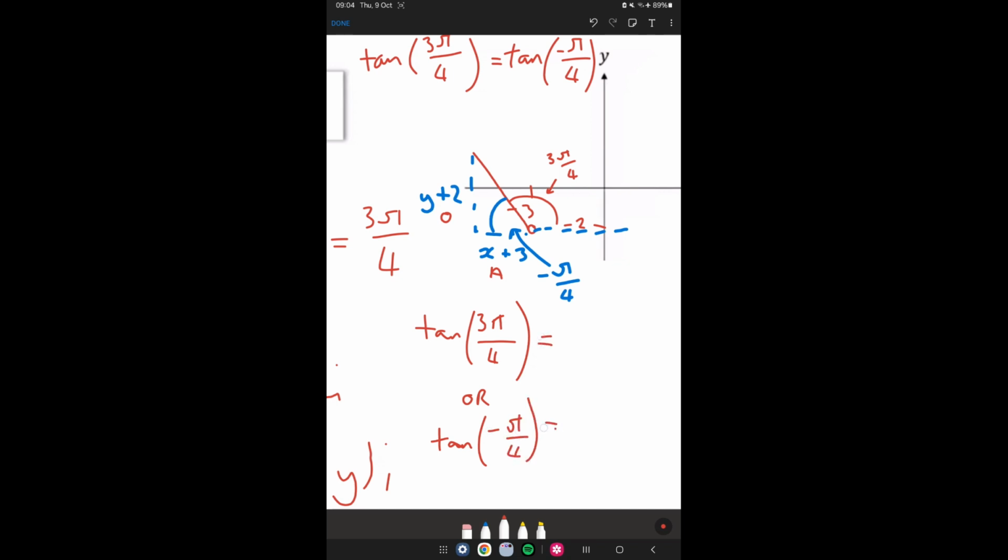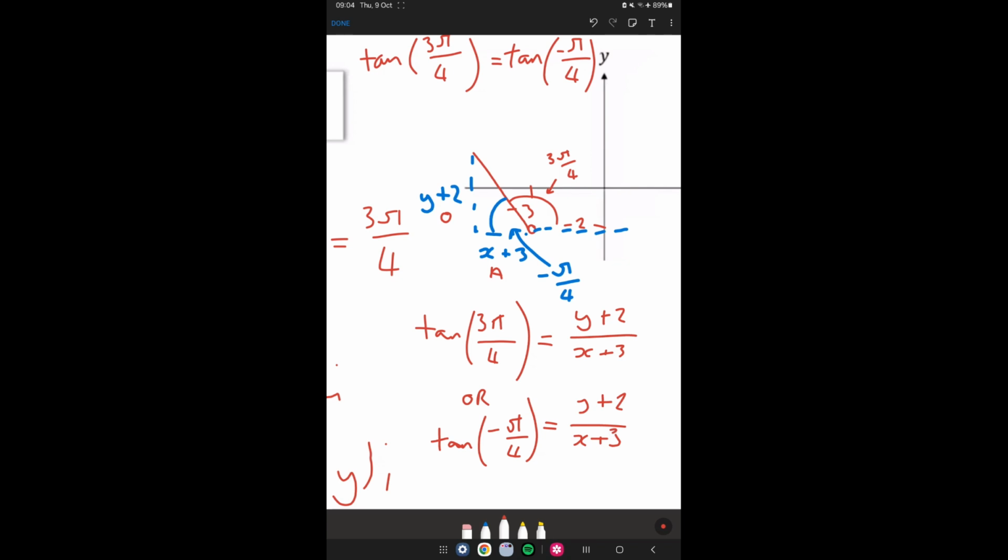That'll be equal to the opposite over the adjacent. The opposite is y plus 2, and the adjacent is x plus 3. So y plus 2 over x plus 3.